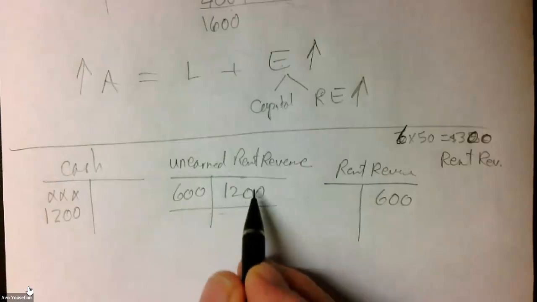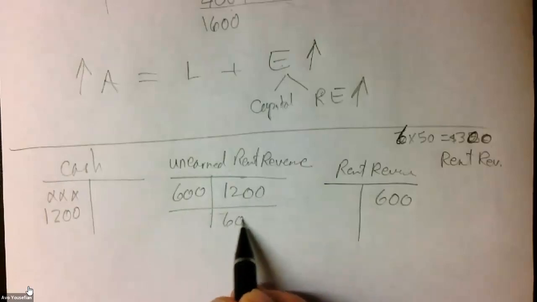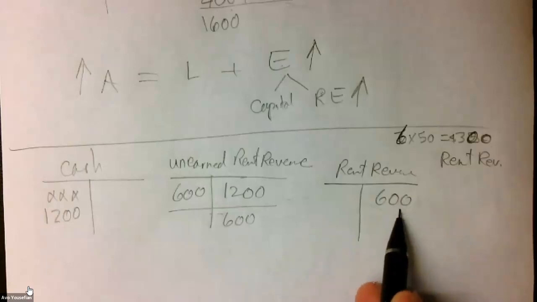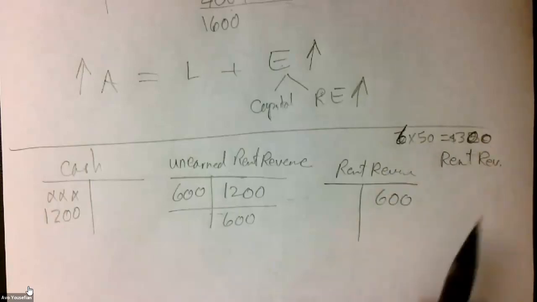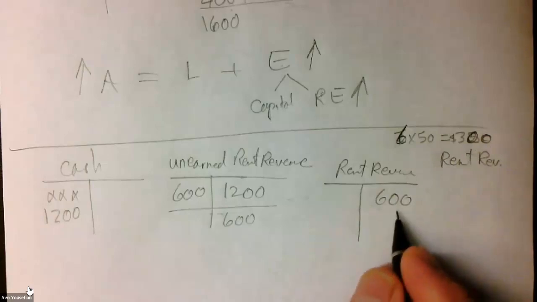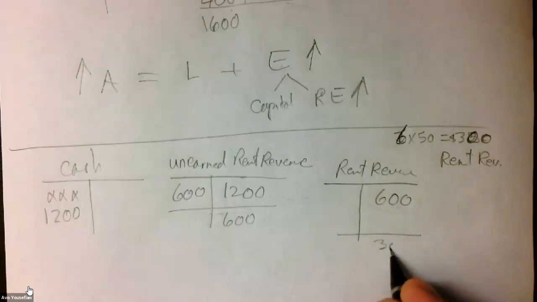In this scenario, the liability is only $600, which is not good. And revenue is $600, which is also not good. We want just 6 months times 50, which is 300. So how do you get from 600 to 300? You need to get from here to here.